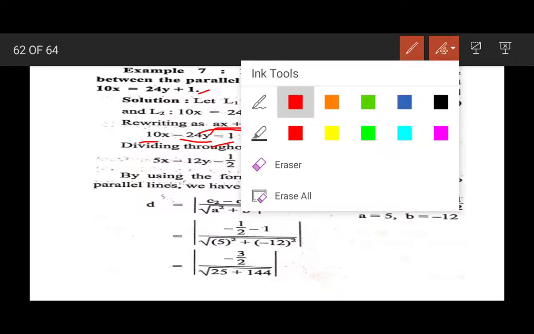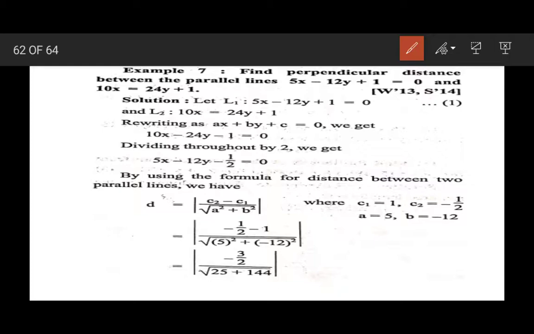Now class, to find the distance between parallel lines, there is a condition. The condition is that a and b should be exactly the same. So a and b values should be same. Here it is 5x minus 12y, here it is 10x minus 24y.